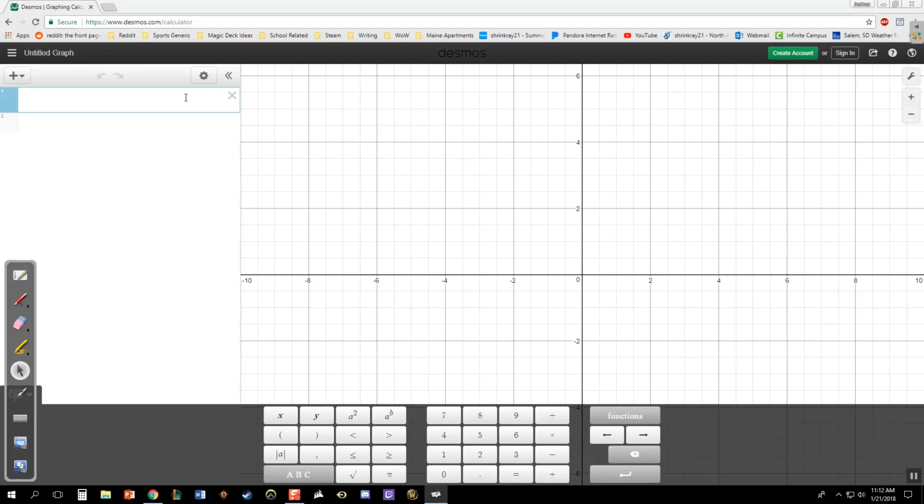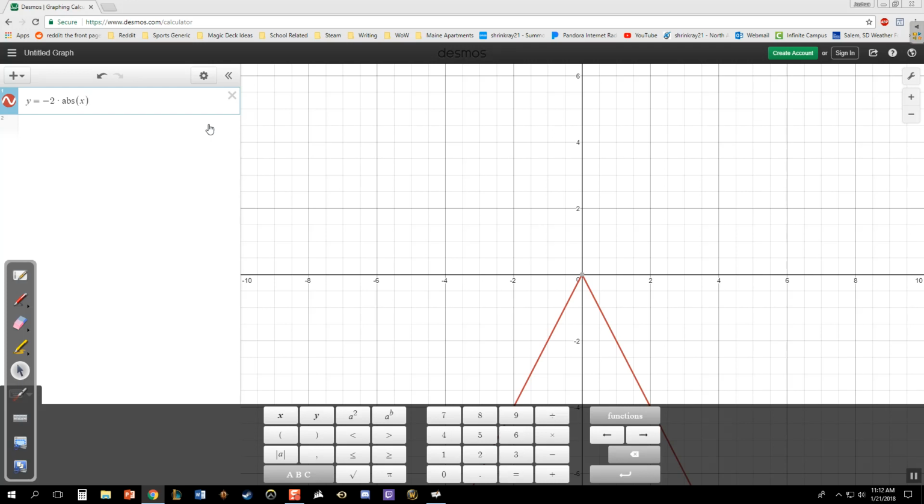So here we are on Desmos, and I'm going to go y equals. Now absolute value, there's two ways to write it. There is a button on your keyboard that looks like this, but if you can't find that button on your keyboard, you can actually do -2 times, and then ABS stands for the absolute value.